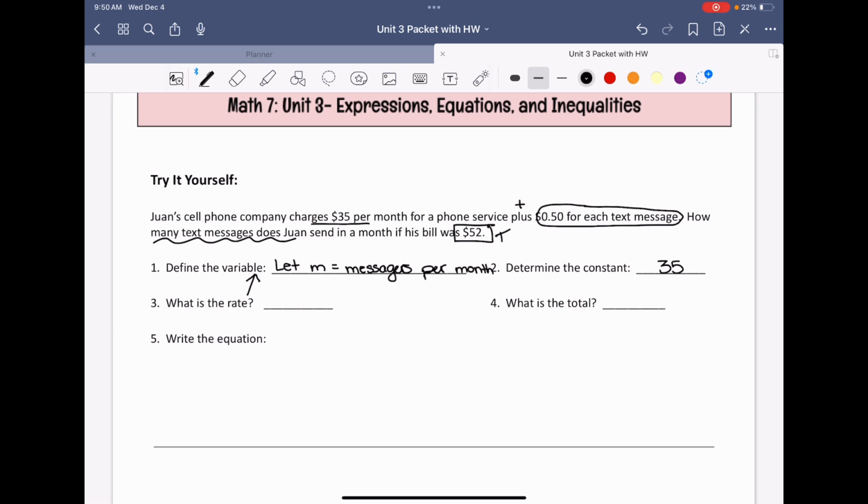The messages per month, well, it's 50 cents per message. And the total was $52. So I'm going to write my equation. My rate, 50 cents per message, times M, plus $35, gave them a total of $52.